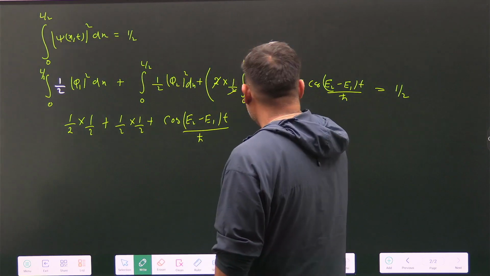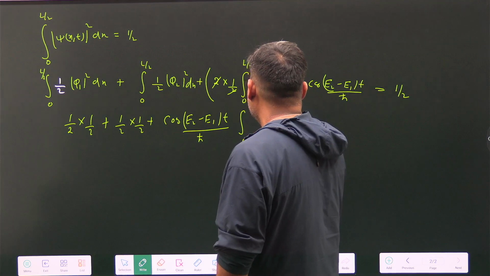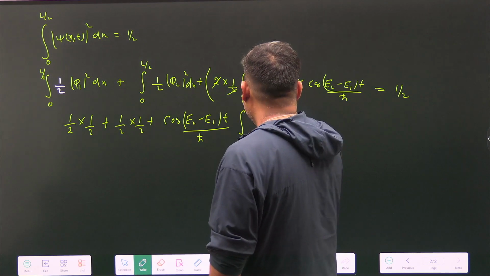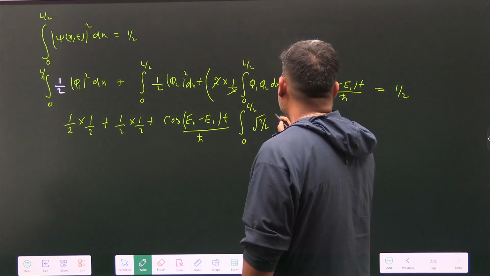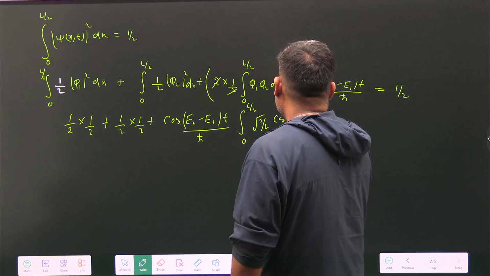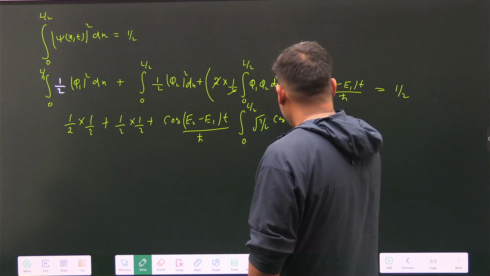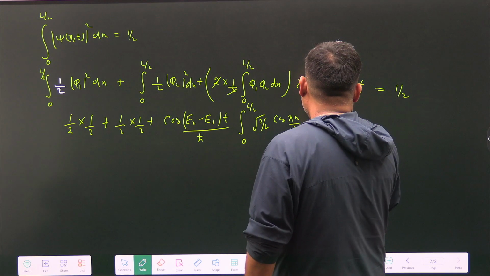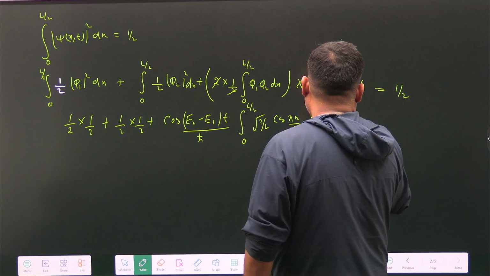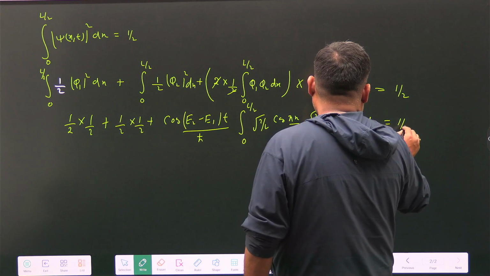And this particular integration is very interesting. 0 to L by 2, phi 1 is equal to root 2 by L cos pi x upon L. Phi 2 is equal to root 2 by L sine 2 pi x upon L, dx is equal to 1 by 2.